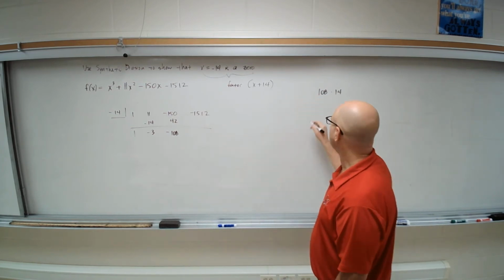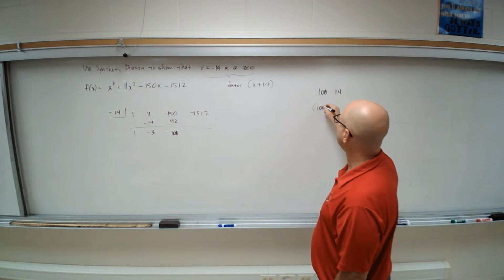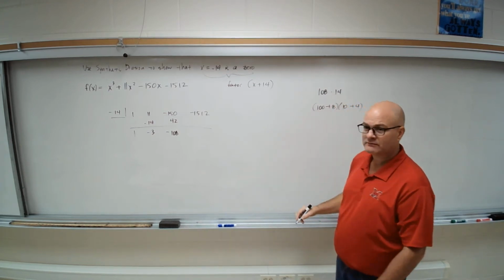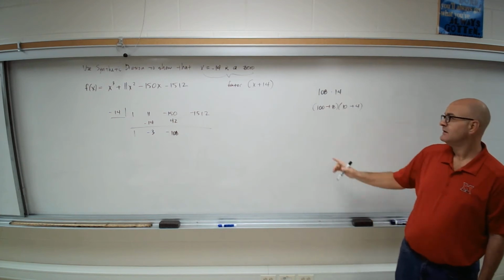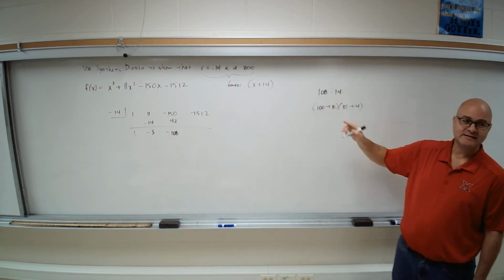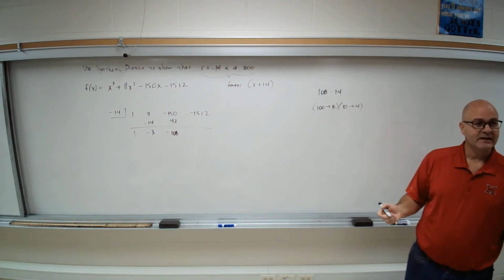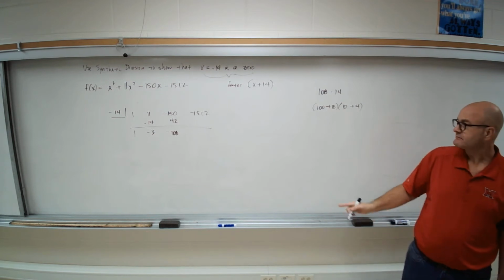The way I like to do it, though, is I use the distributive property to help me do math by hand if I need to, right? So 100 plus 8 is the same as 108, and 10 plus 4 is the same as 14. If we just FOIL it now, we're going to get 4 numbers that should be easy to add.